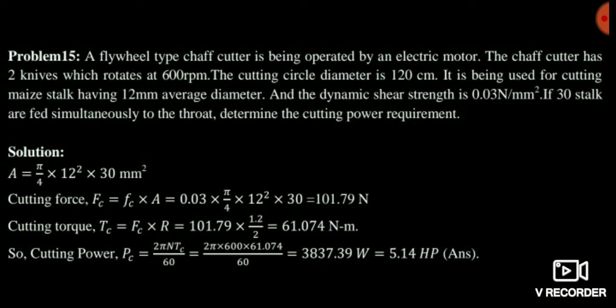So 12 mm is the diameter of the chaff which is put in the chaff cutter. So you calculate the area pi by 4 into d square, but 30 stalks are fed at a time, meaning the total area is of 30 stalks, so you have to multiply by 30.